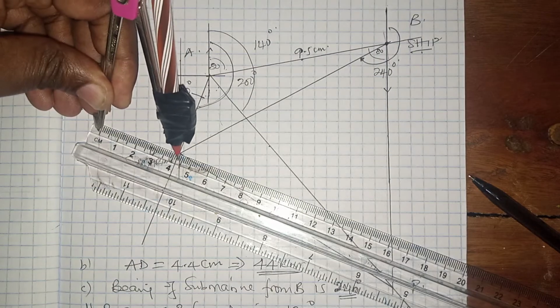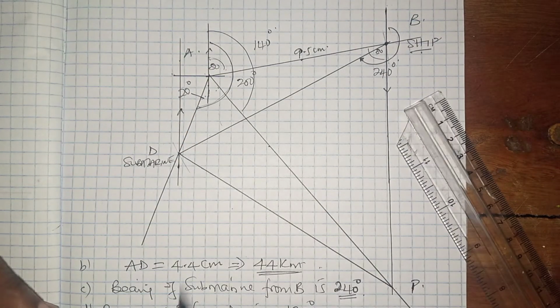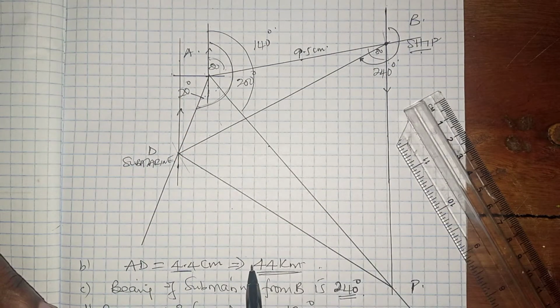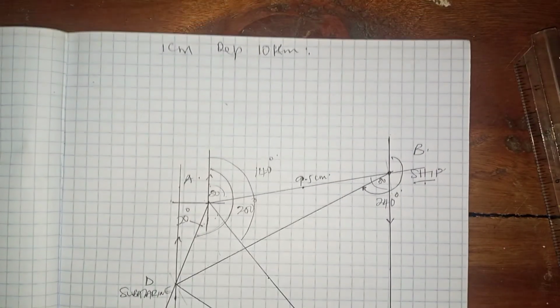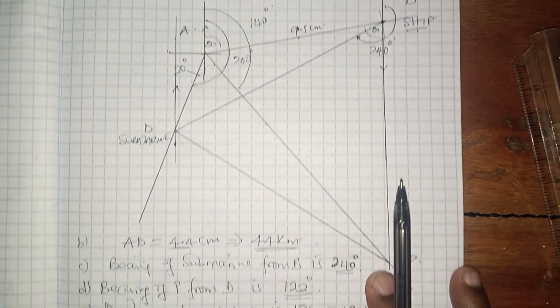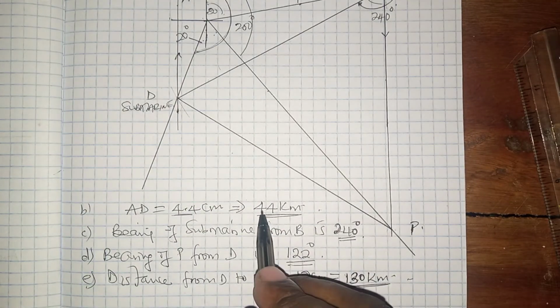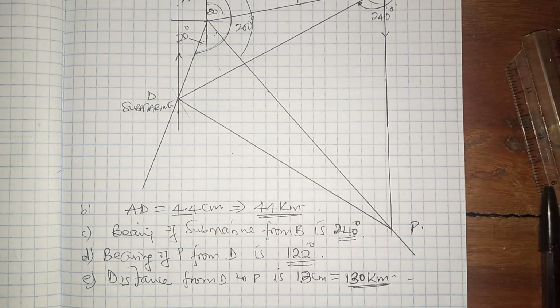This 4.4 centimeters is affected by the scale of 1 centimeter representing 10 kilometers, and therefore we have to multiply it by 10 to make it 44 kilometers. That is part B of the question.